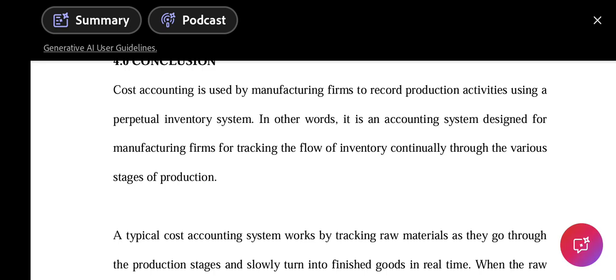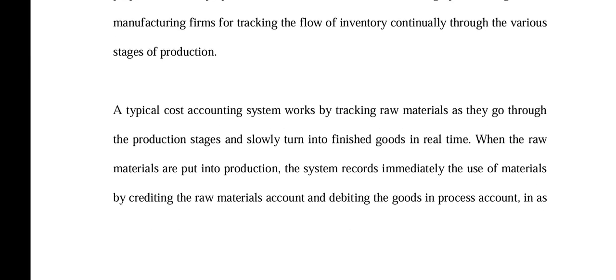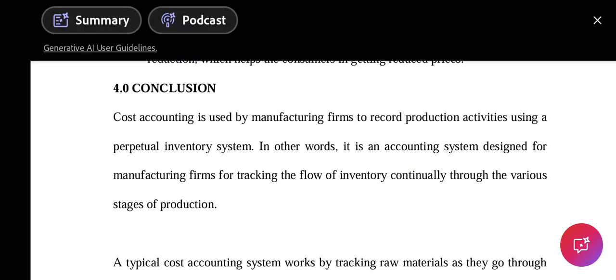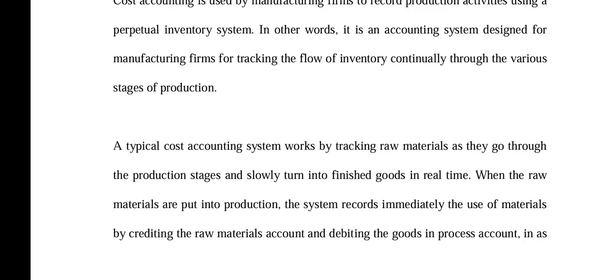So let's look at our conclusion. Cost accounting is used by manufacturing firms to record production activity using a perpetual inventory system. In other words, it is an accounting system that is designed for manufacturing firms for tracking the flow of inventory continually through various stages of production.